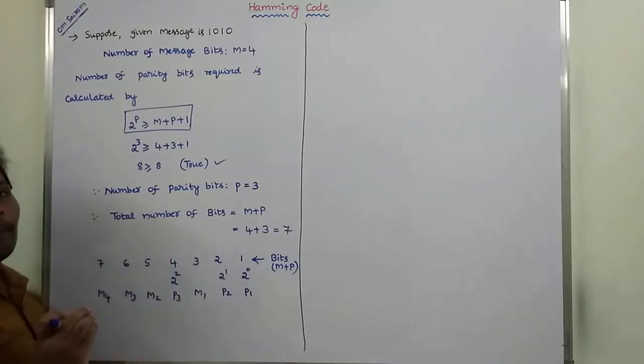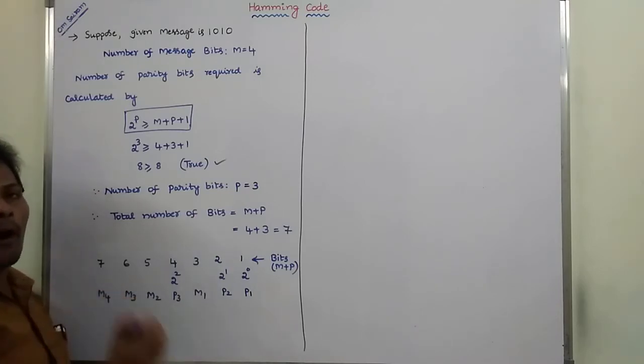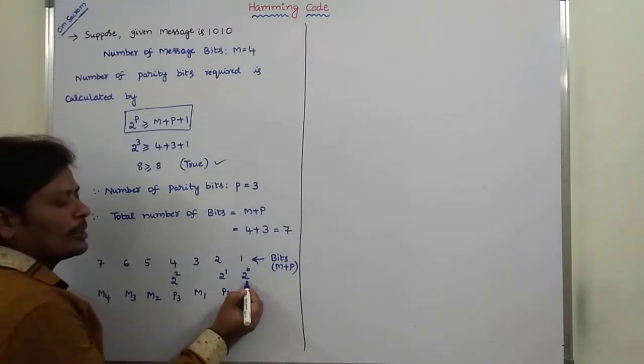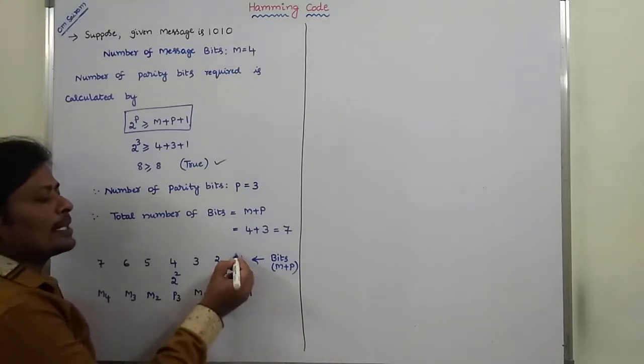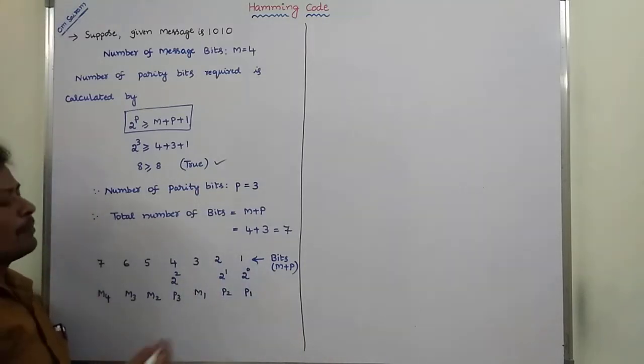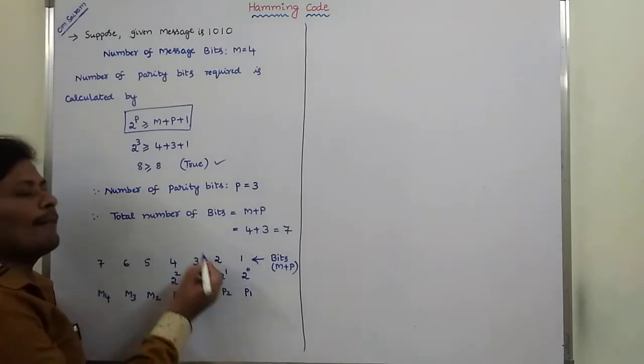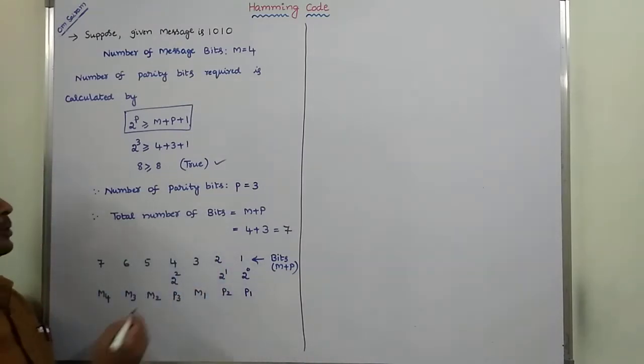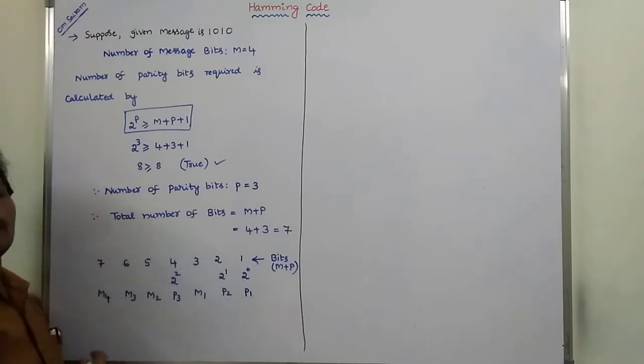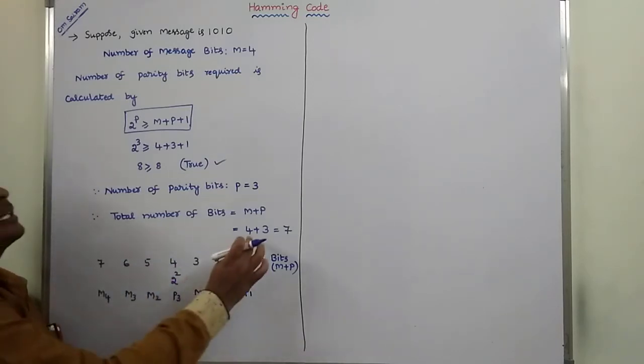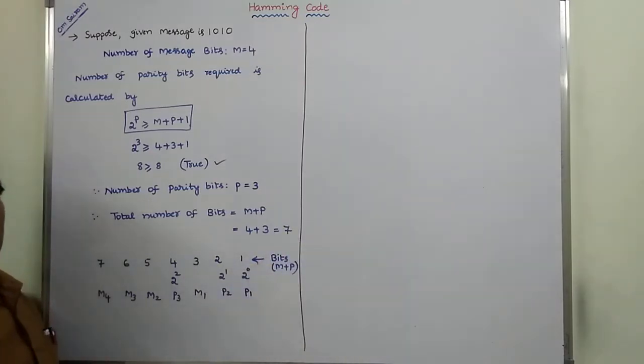Parity bits are located at bit positions that are powers of 2: 2 power 0 is 1, 2 power 1 is 2, and 2 power 2 is 4. 2 power 3 is not there because 4 plus 3 is 7, the total number of bits.